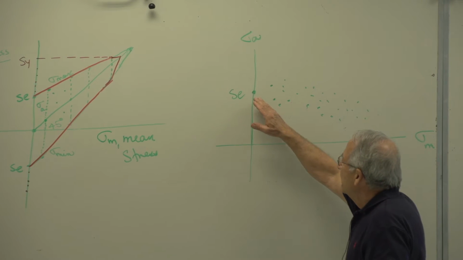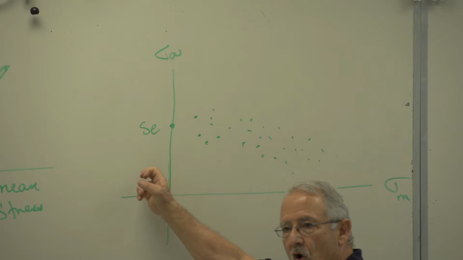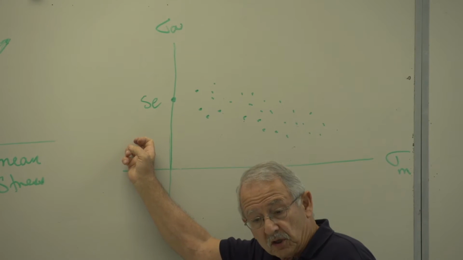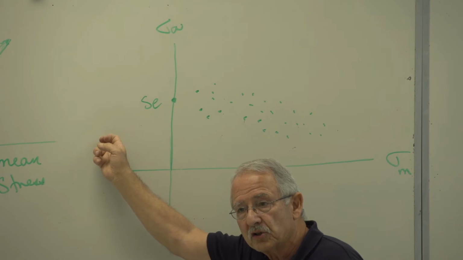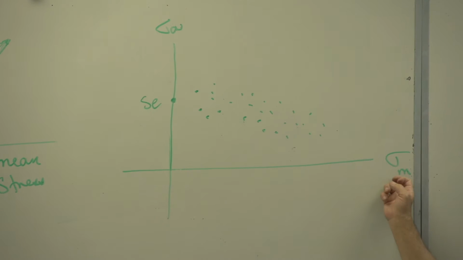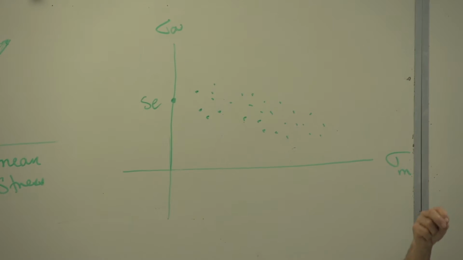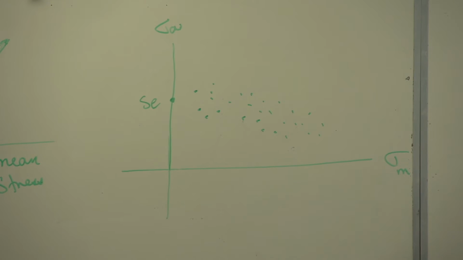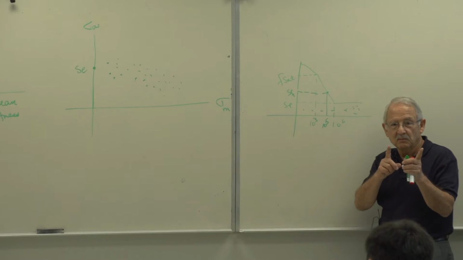Therefore, there's a continuous decrease of the value of the alternating stress with an increase in the value of the mean stress, if we would like to have an infinite number of cycles. Is that okay? Or should I repeat that one more time? One more time.